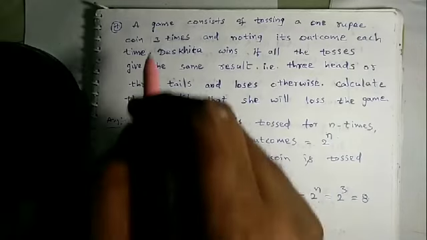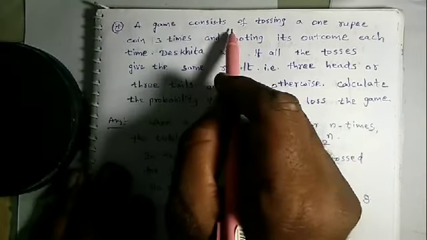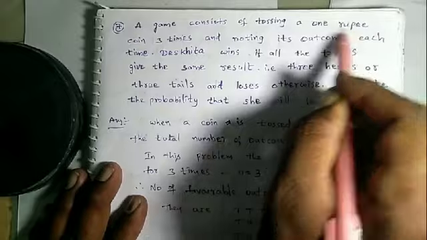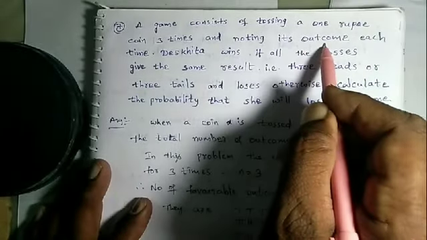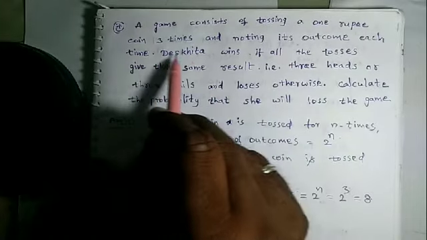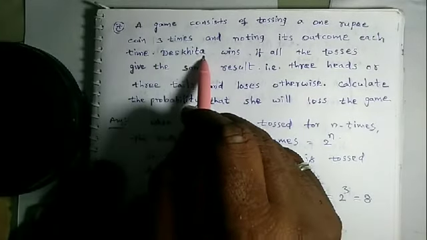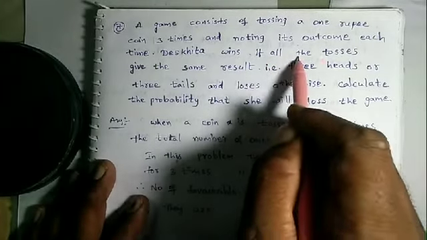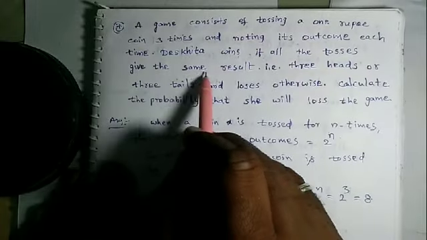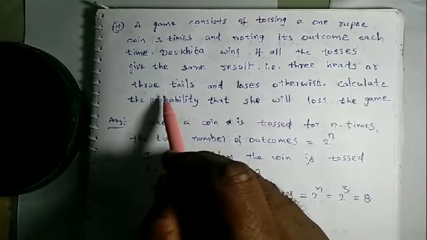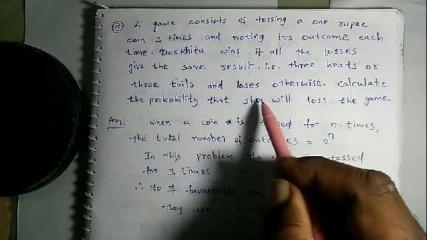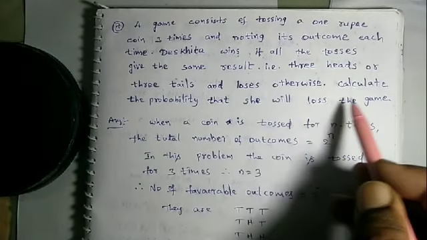Seventh problem. A game consists of tossing a 1 rupee coin 3 times and noting its outcomes each time. Dikshita wins if all the tosses give the same result, that is 3 heads or 3 tails, and loses otherwise.